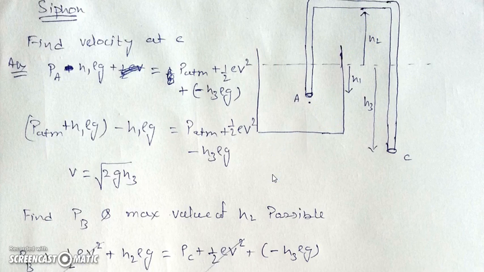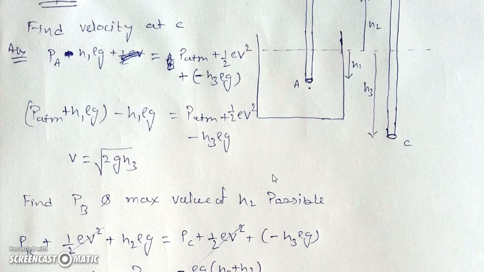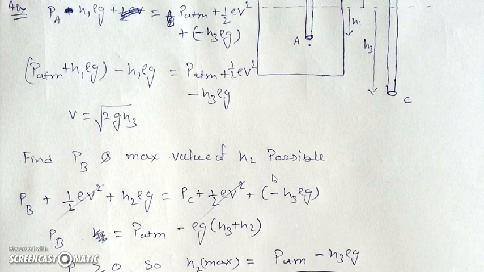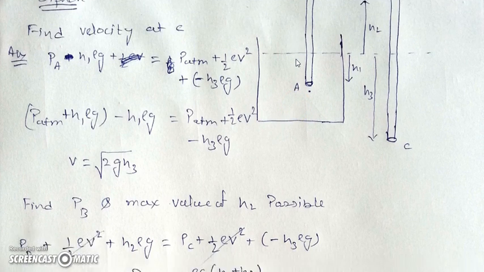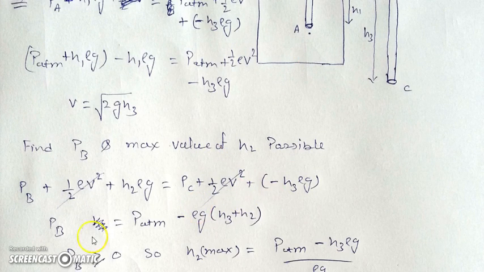For that, just apply Bernoulli's equation at C and B. We get PB plus half rho V squared, as the fluid moves with the same velocity throughout the pipe, so the velocity at B and C will be the same, and the height of point B is plus H2 as it is above our base level. From this equation we get PB equal to P atm minus this.